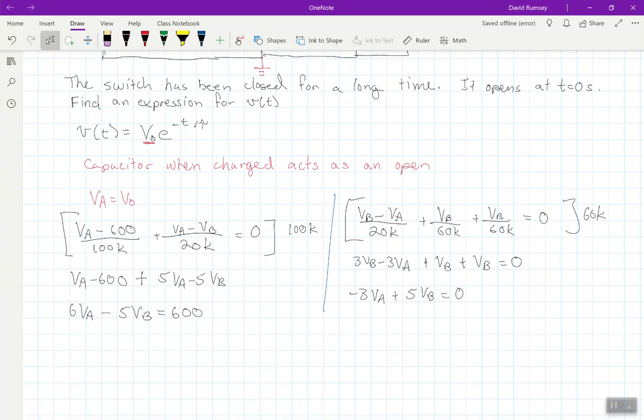It turns out that works out pretty nicely for us, because I can look at these two equations and simply add them together.